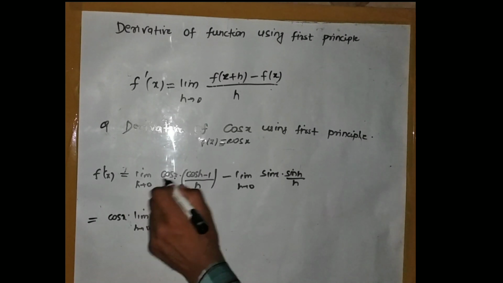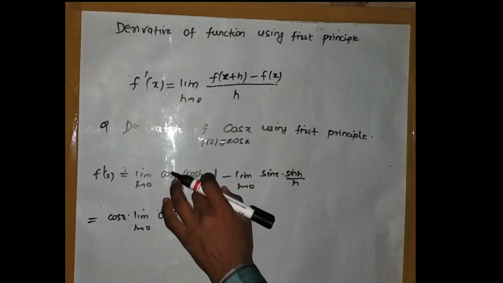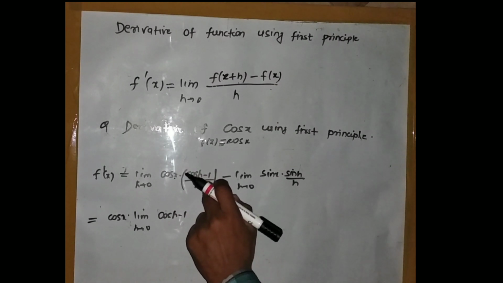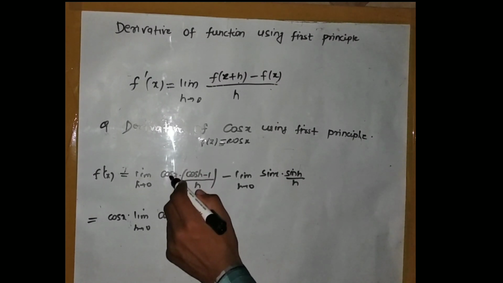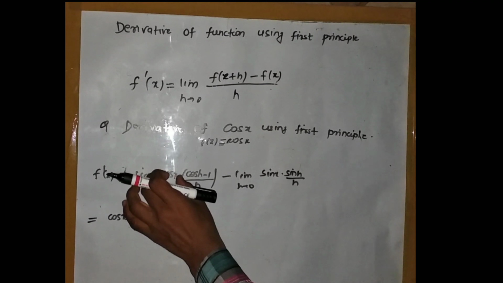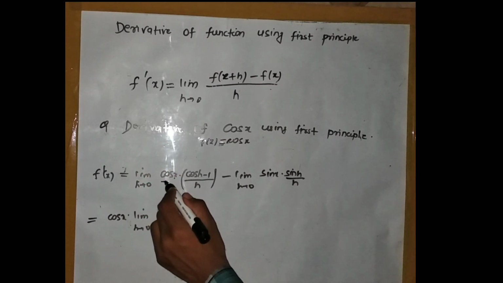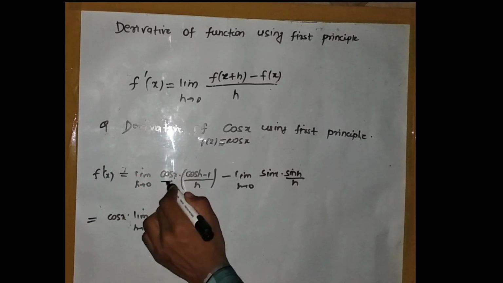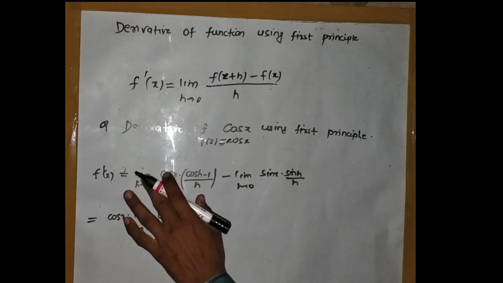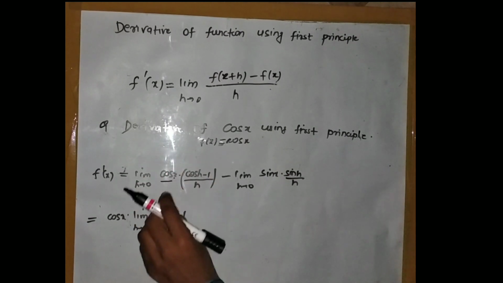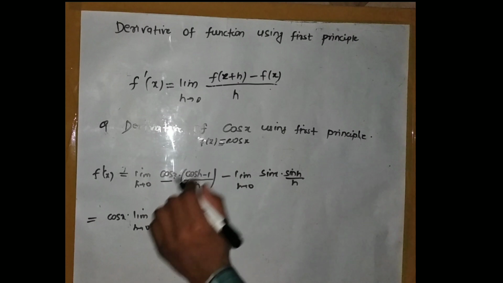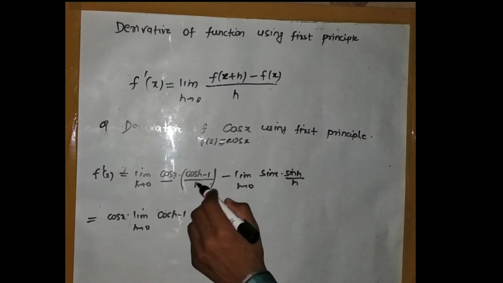So limit function is only used for function which is dependent on h, meaning cos x is independent of the limit. Similarly we treat x as a constant. So cos x is constant for this limit. If this concept is not clear, I repeat once again, cos h minus 1 by h.